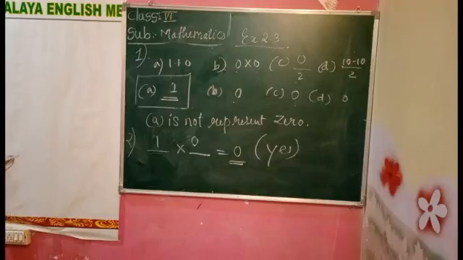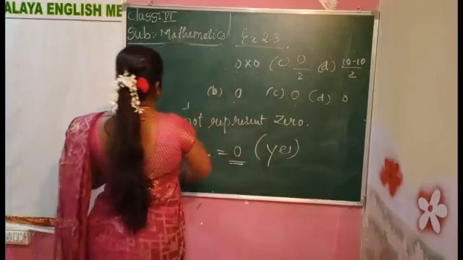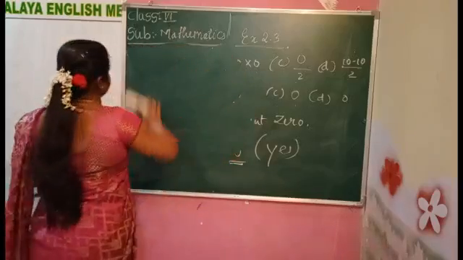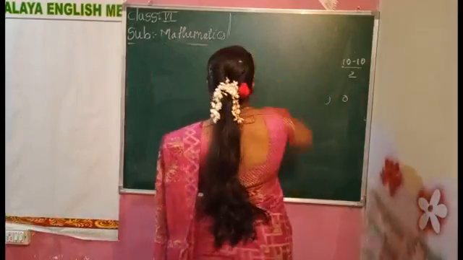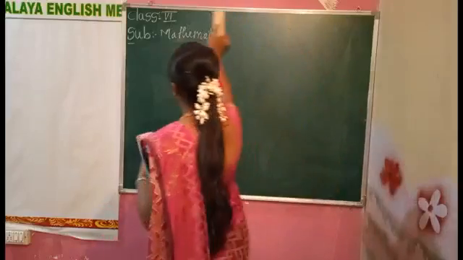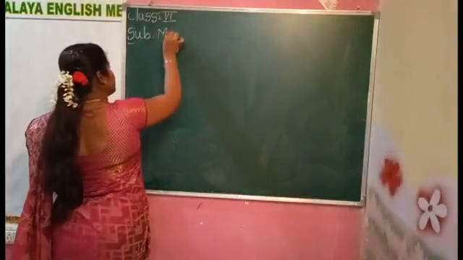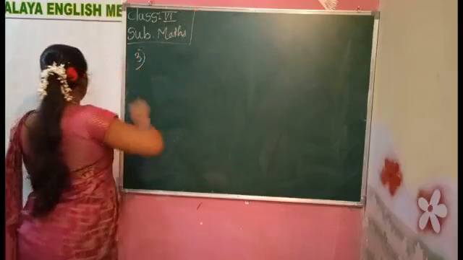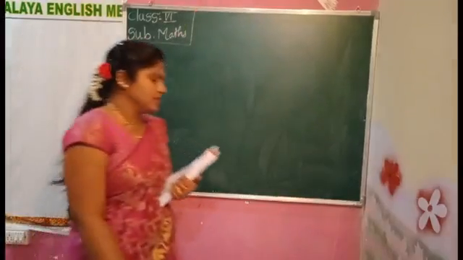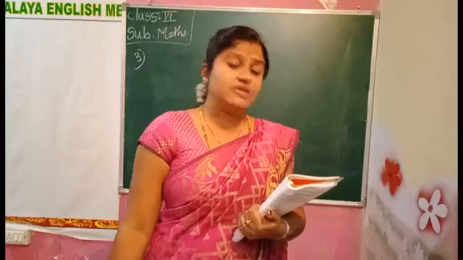Third one. We move on to the third one. If the product is 1, can we say that one or both of them will be 1?